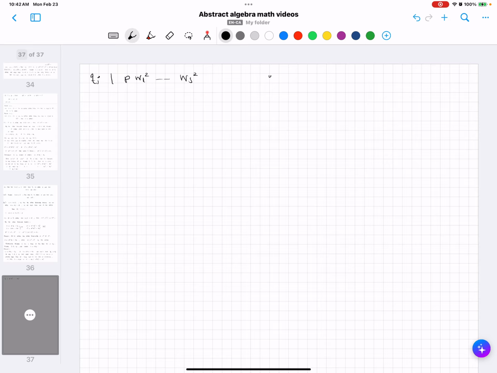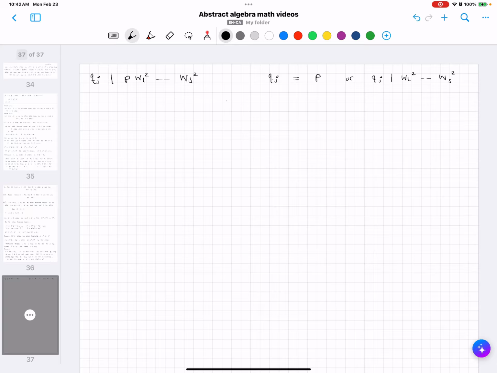So Qj is equal to P, and if it is P, we're done, or Qj divides W1 squared to WS squared.